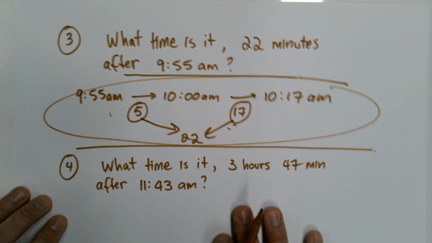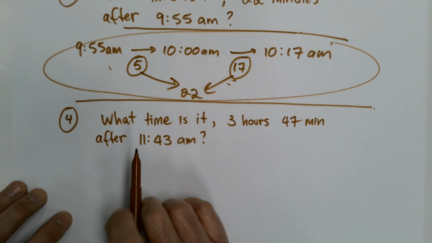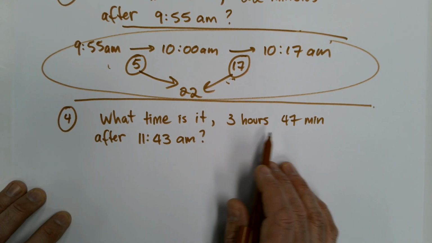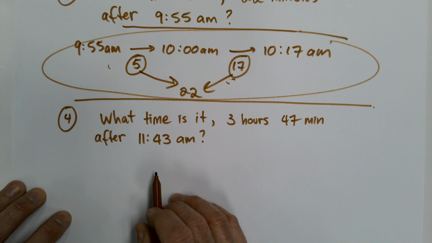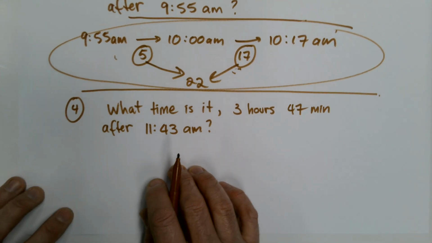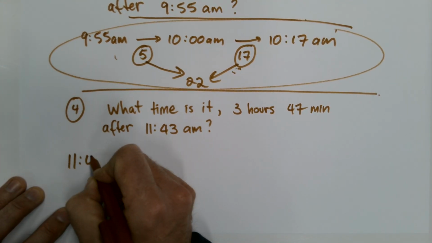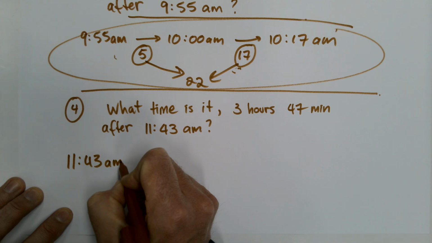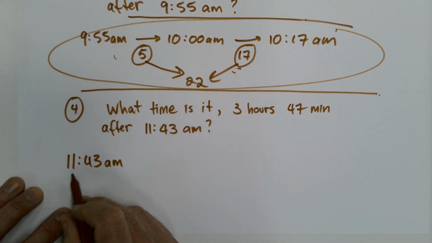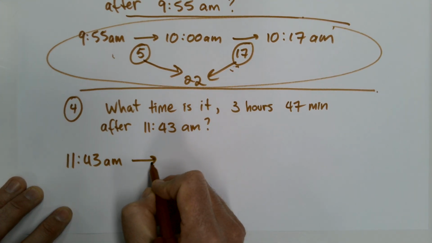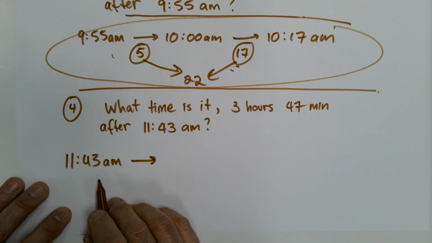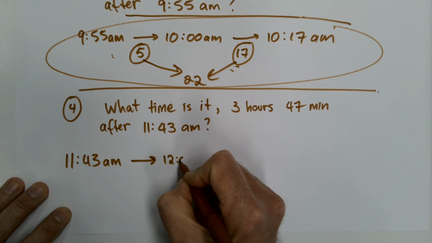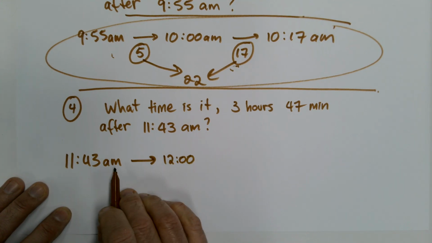Awesome. But what about this one? What time is it 3 hours and 47 minutes after 11:43 a.m.? All right, so same technique. Let's start at 11:43 a.m. Now this is obviously going to go into p.m., so we'll put the a.m. there. Well, let's get it to 12, because that makes life easier. If we get it to 12 midday, what have we used up?